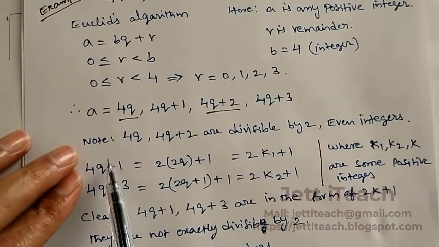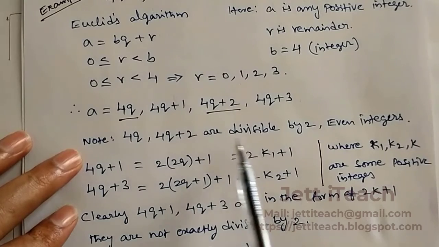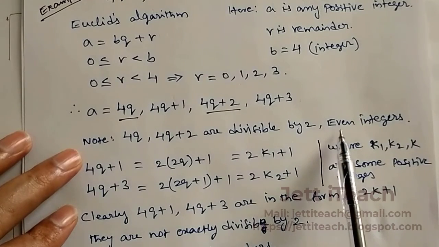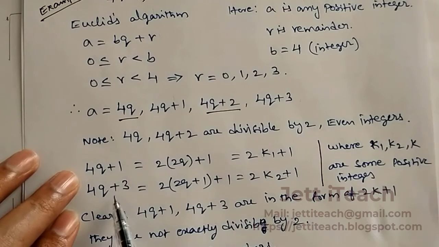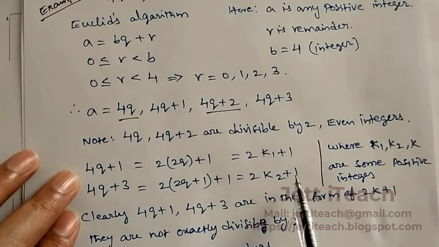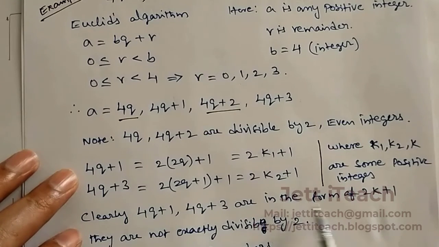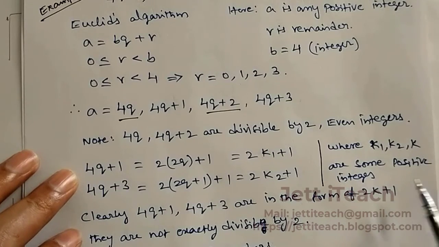Note that 4q and 4q plus 2 are divisible by 2, so they are even integers. I took the remaining terms 4q plus 1 and 4q plus 3 and wrote them in the form of 2k plus 1, where k1, k2, k3 are some integers.